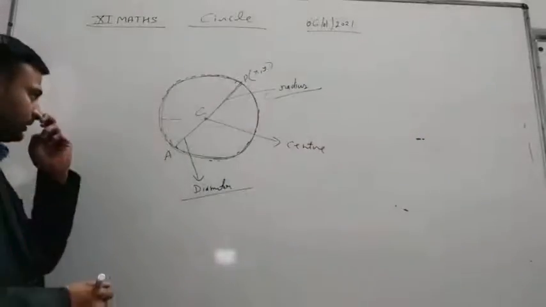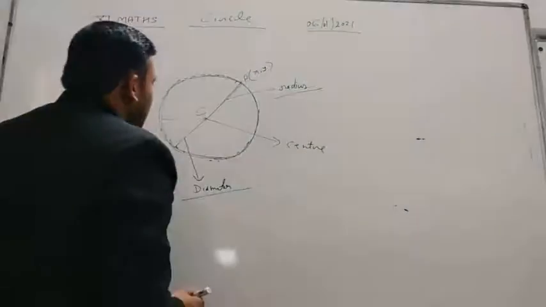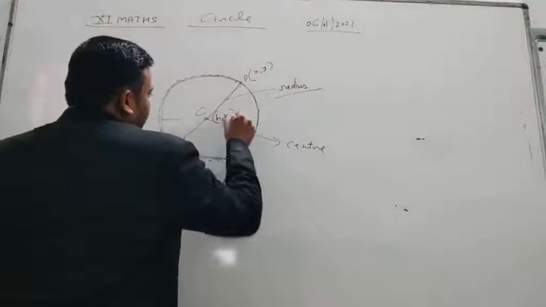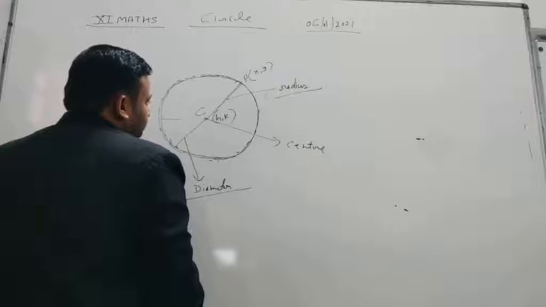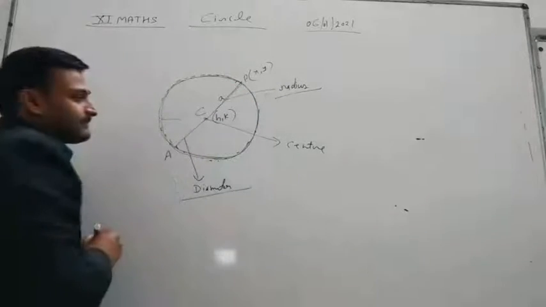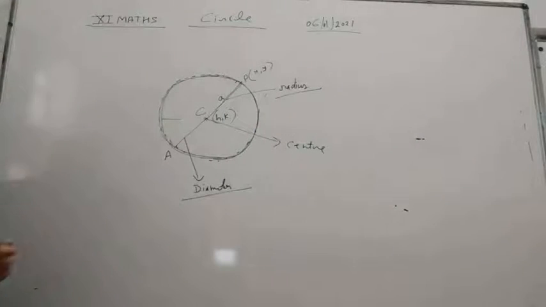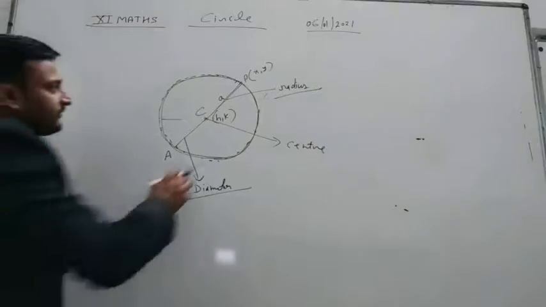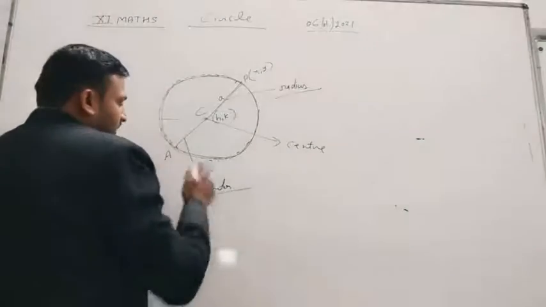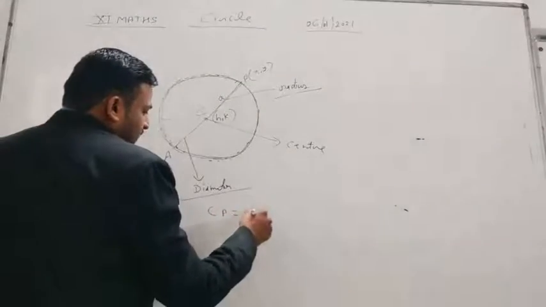Now, what is the standard equation of a circle? Suppose the coordinates of its center are (h, k), and this distance CP is equal to a. We are supposing, or you can take r also. So CP is equal to r.